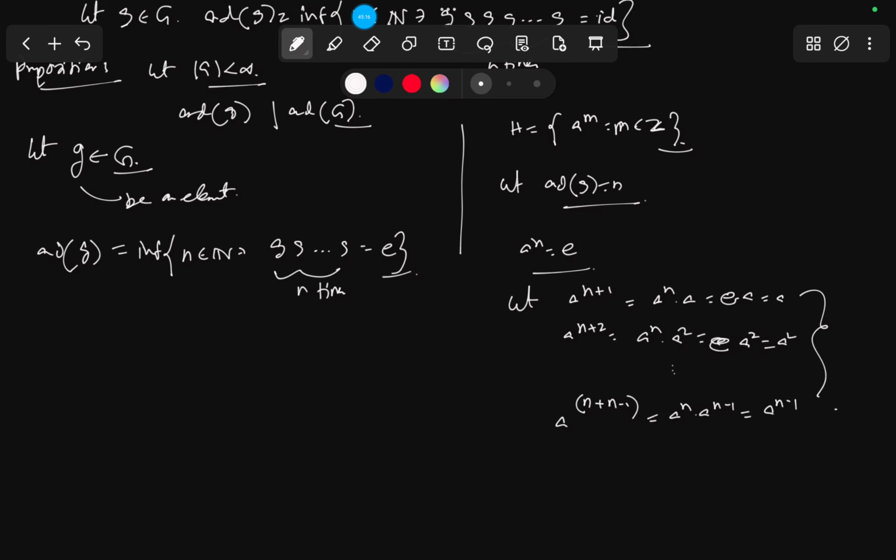Now we see that after n onwards, if we raise the power, the elements are getting repeated. So H is precisely of the form identity, a, a square, and so on up to a power n minus 1.